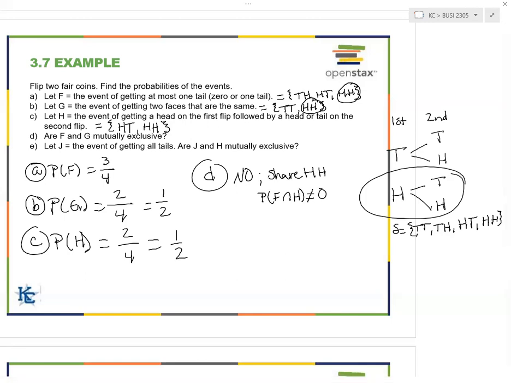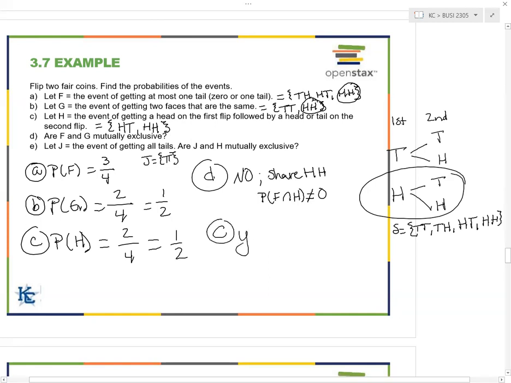Okay. Let J be the event of getting all tails. So J equals tails, tails, right? You get all tails, it's tails, tails. Are J and H mutually exclusive? So H is heads, tails, and heads, heads. And the answer there is yes, right?